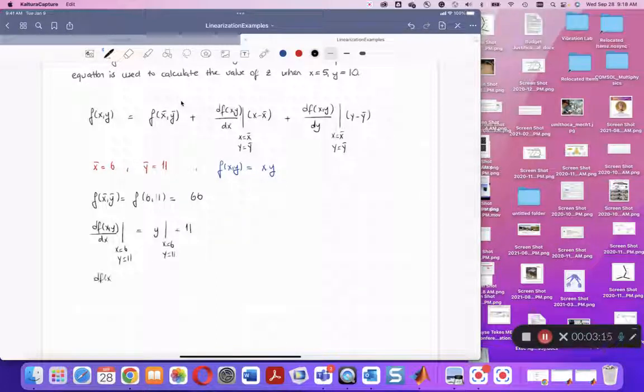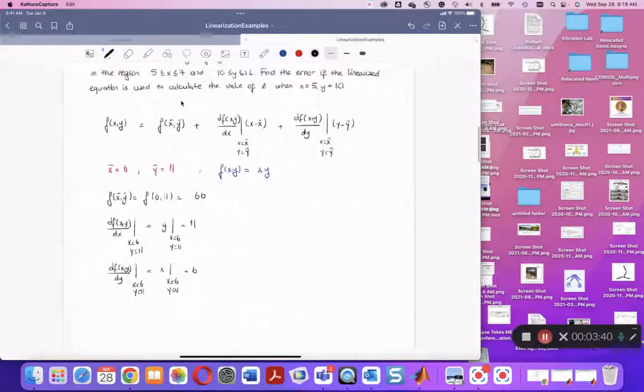Then the function's derivative with respect to only y, so we are taking partial derivatives here, with x is 6 and y is 11. When you're taking the derivative only with respect to y, whatever is next to y will be considered a coefficient. So this will be just equal to x, which is 6.